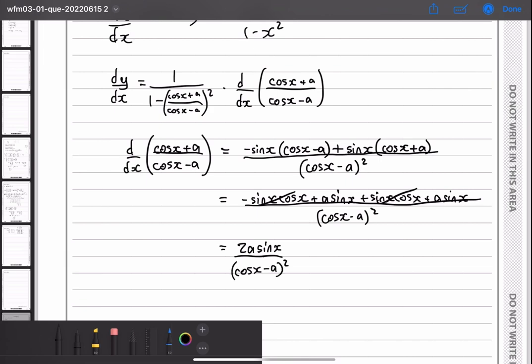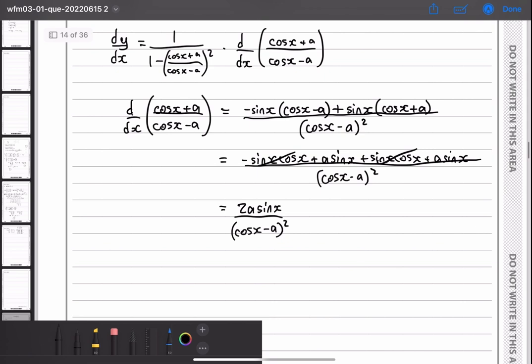So now if I put this back into dy by dx, that's just at the top of the screen there, dy by dx is equal to 1 over, and I'm going to manipulate this as well. Here, this 1, I'm going to change that into cos x minus a squared on top and bottom of the fraction so that it can add with this fraction here.